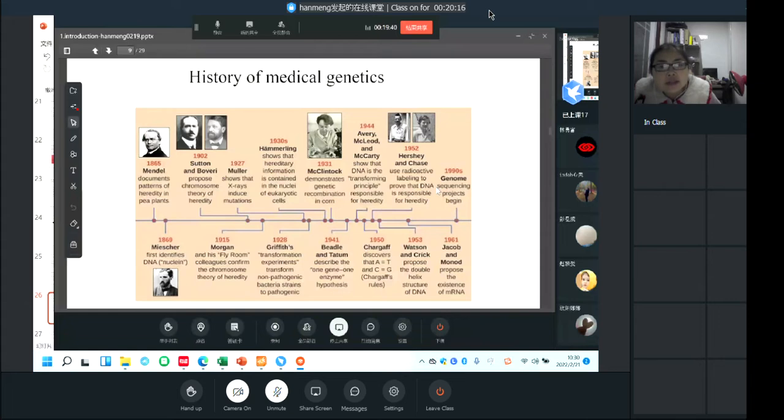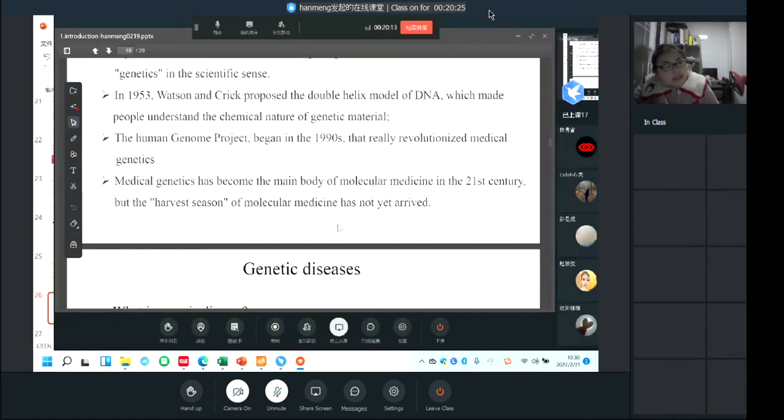At first, I told you that medical genetics studies genetic disease. So next we will learn some systematic knowledge of genetic disease. What is genetic disease?